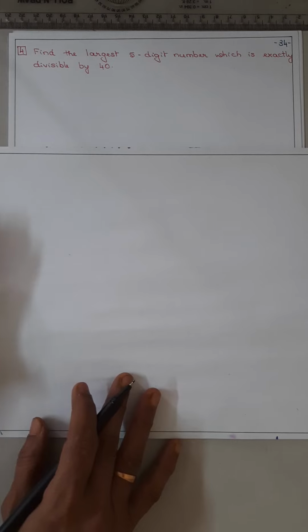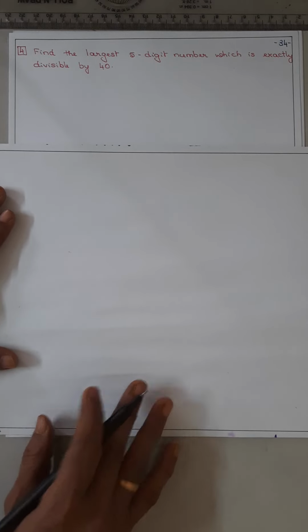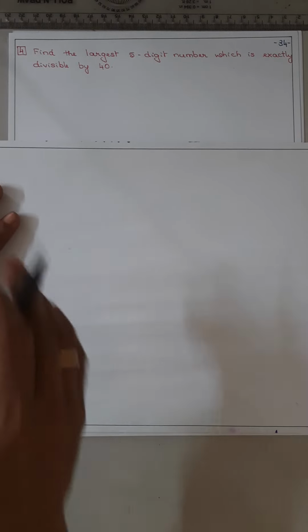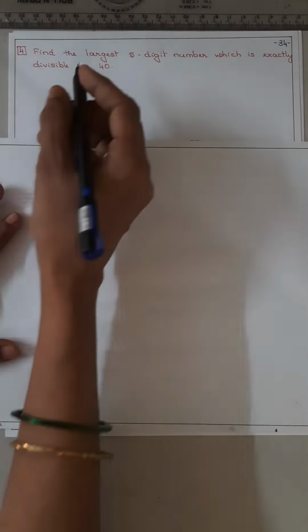So the largest 5-digit number, they have not given the number, so you have to write the number. So largest 5-digit number is equal to 99,999, which is to be checked for exact divisibility by 40.